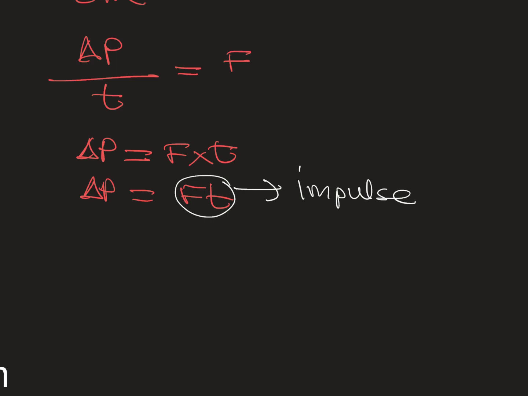We can see clearly from here that change in momentum is equal to impulse, and the unit for momentum is kilogram meters per second. What is the unit of force? It is Newton. The unit of time is seconds. So we can see that kilogram meters per second and Newton seconds are equivalent.